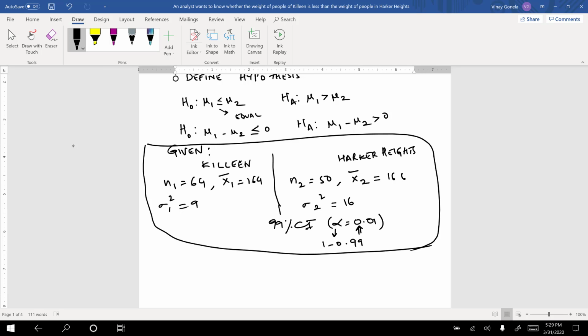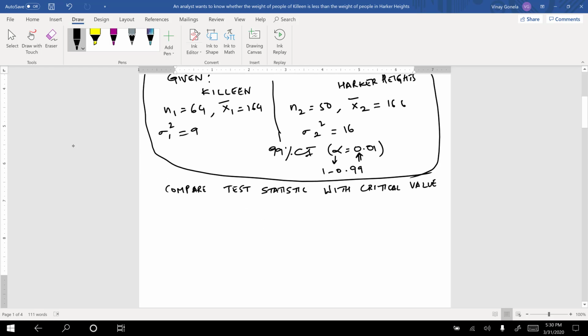So the next step in hypothesis testing is to compare the test statistic with the critical value. So the first thing is we wanted to determine whether it is a Z-stat or a T-stat.